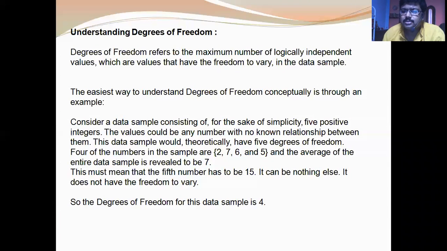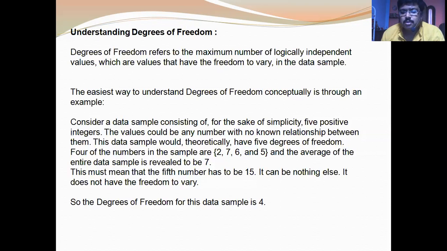We can say it in such a way: how many values involved in a calculation have the freedom to vary? How many values do have the freedom to vary? This is the matter of degrees of freedom.